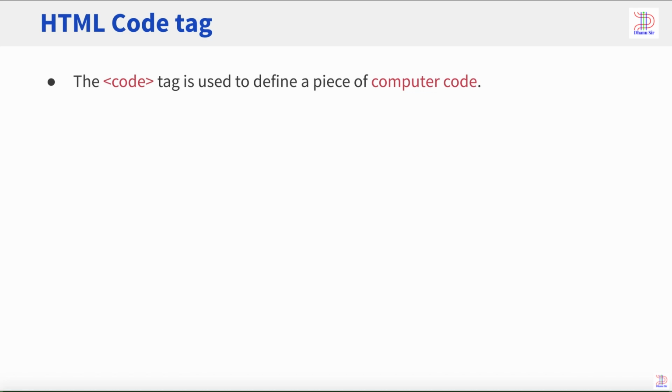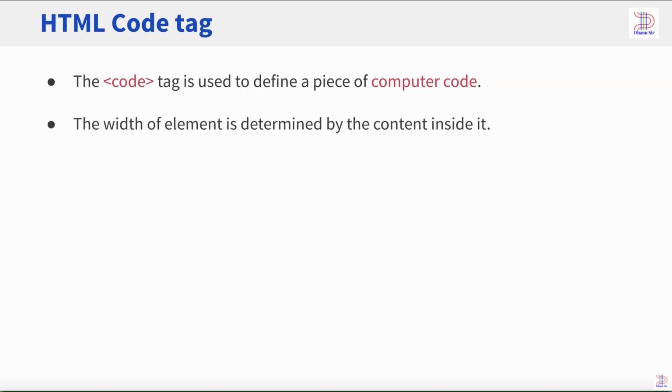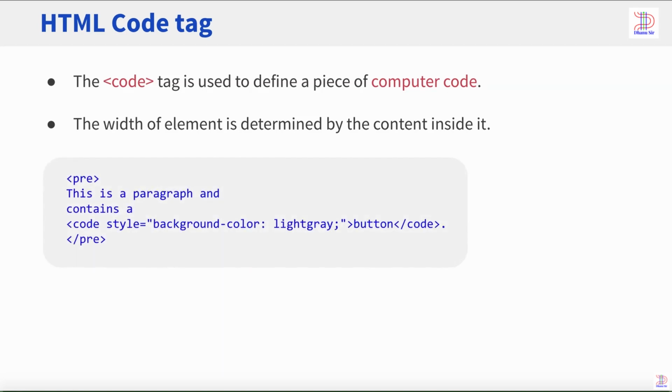The code tag is used to define a piece of computer code in the web page. The width of the code element is determined by the content inside it. Example, here you can see I have added a background color as light gray to a button which is inside a code element, and the result is this.